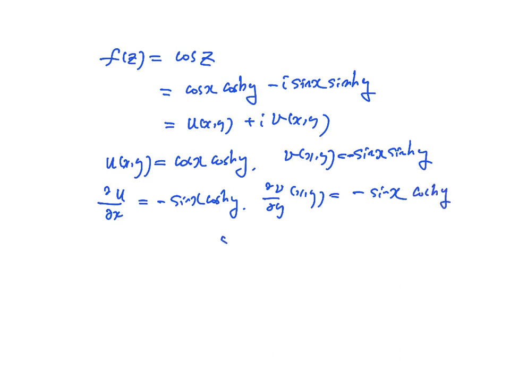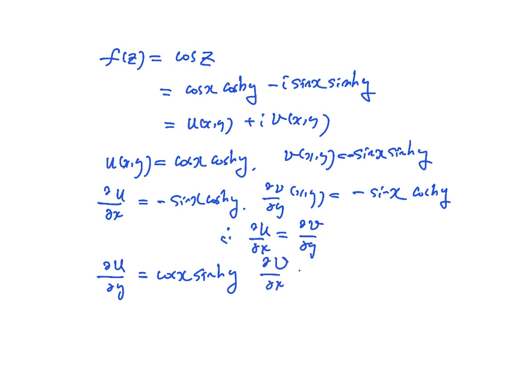So the first relationship is true: partial x partial u is partial y partial v. Partial y partial u: if you take a derivative of cosine hyperbolic y, you get sine hyperbolic y, so cosine x sine hyperbolic y.